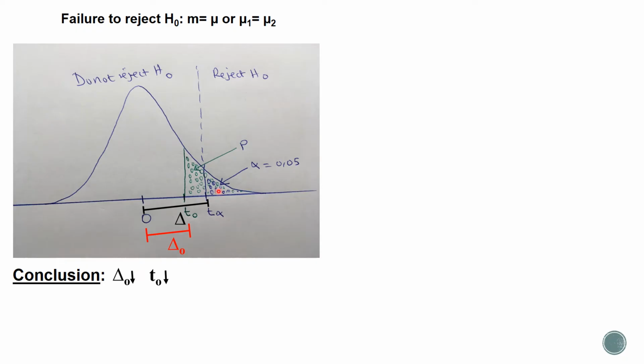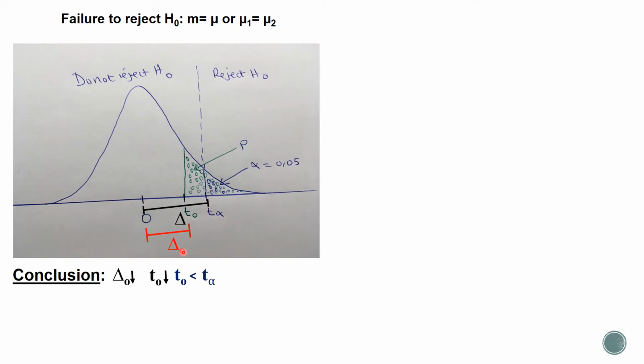So if mu1 minus mu2, the difference, is actually minute, then it will give us a small observed statistical value, as we've seen, compared to the difference here. You would see that the observed change or difference is small.